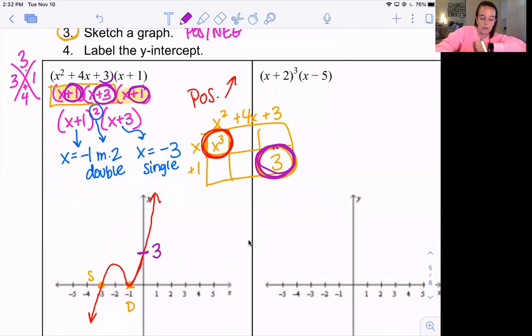You can also do it with the earlier part. So +3 times +1, the y-intercept is 3. If you wanted to do it with this version here, you'd have +1 times +1 would be 1, times +3 would be +3. So that is how we find our y-intercept, a y-intercept of 3.